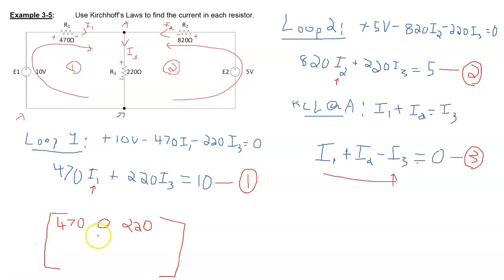My second equation has a 0 I1, 820 I2, and 220 I3. My third equation has 1 I1, 1 I2, and negative 1 I3.